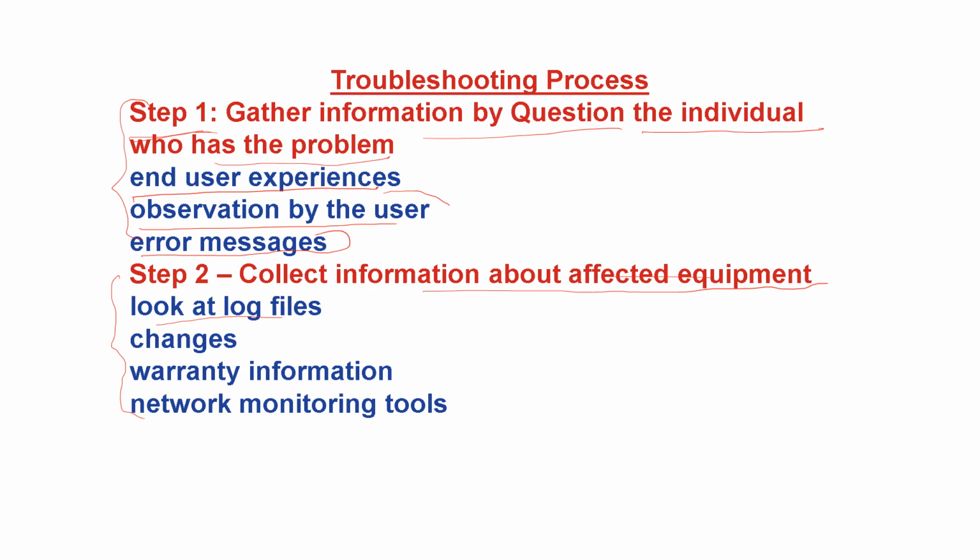The log files can be examined, behavioral changes of the devices can be examined, warranty information can be examined, and network monitoring tools can be used for collecting this kind of information. All these observations and examinations will help us to troubleshoot the issue.